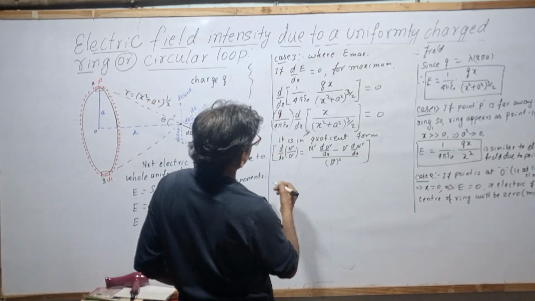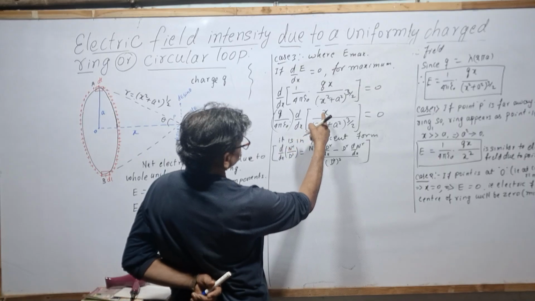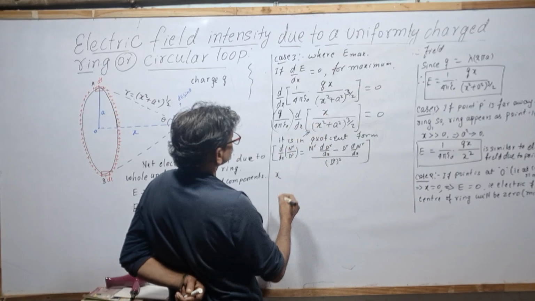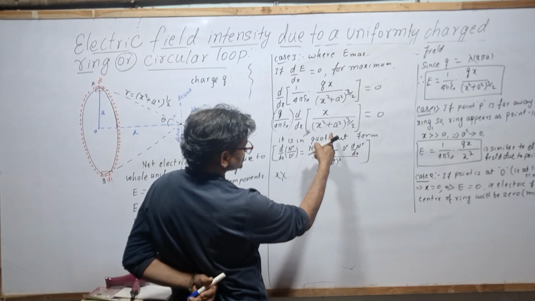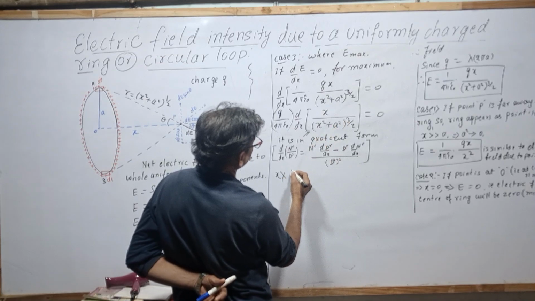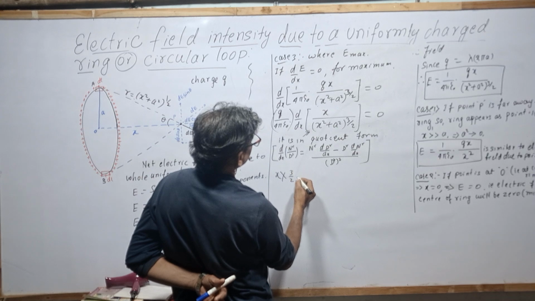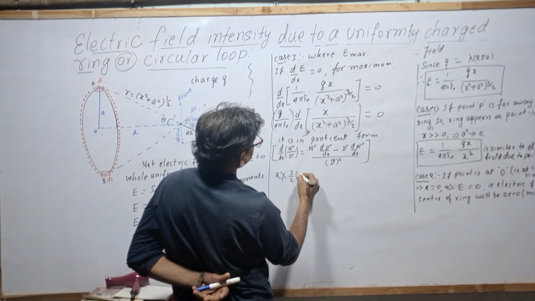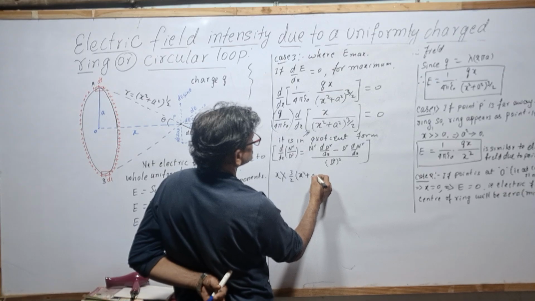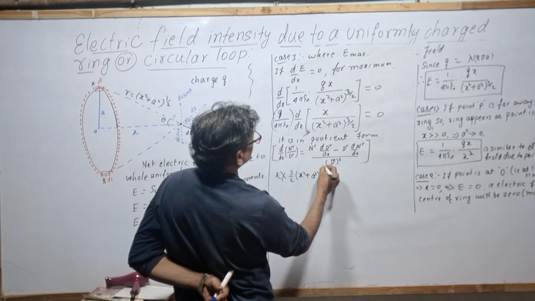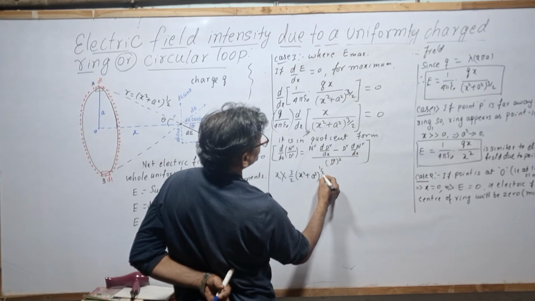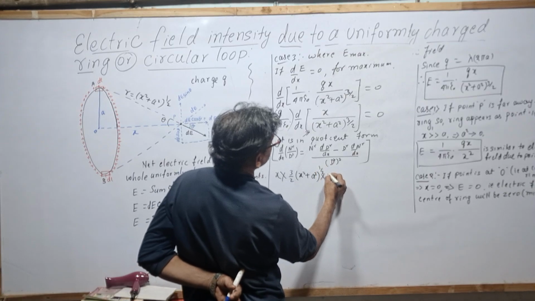So same we can write here: numerator x as it is, differentiation of the denominator, that becomes 3 by 2, x square plus a square to the power 1 by 2, into differentiation of this one, 2x.